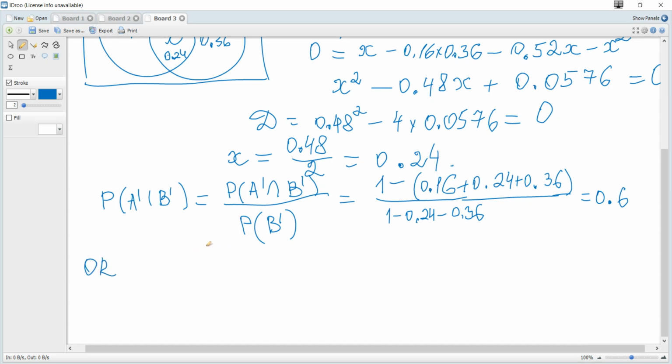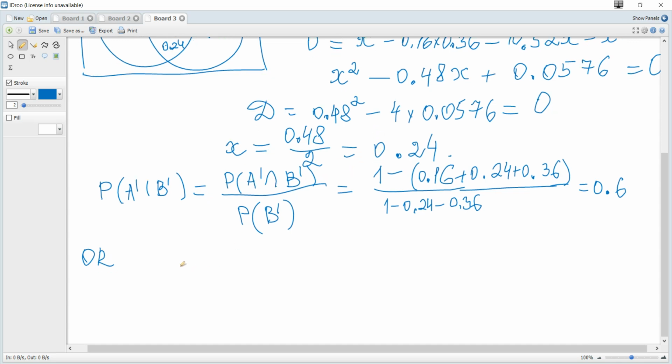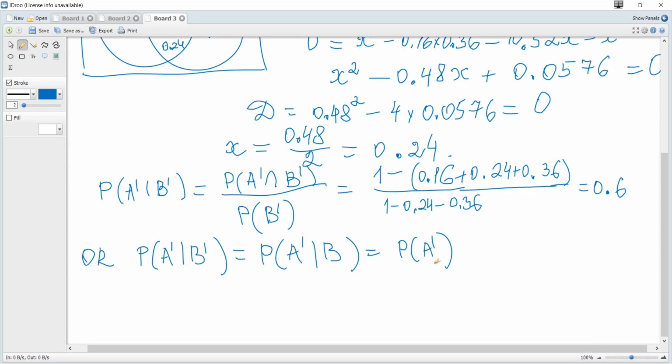Or, since the two events A and B are independent, there is another formula. It is not given in the data booklet: the probability of not A given not B is equal to the probability of not A given B, and is equal to just the probability of not A. It's because the two events are independent.